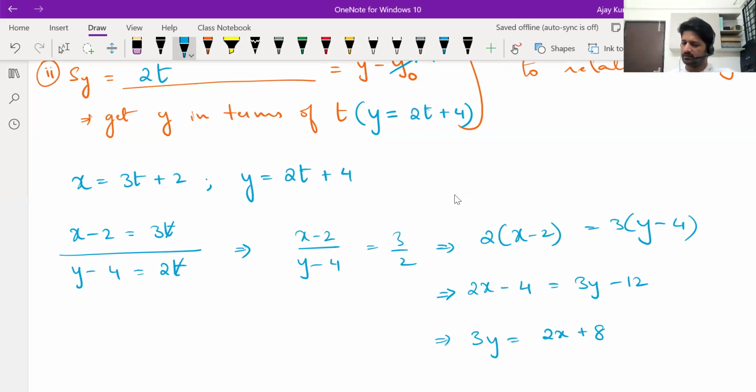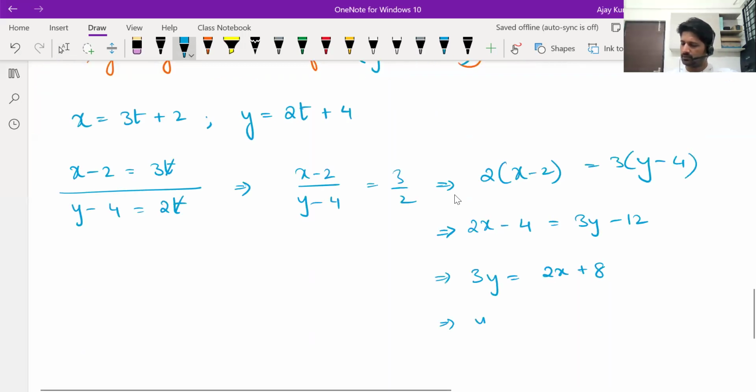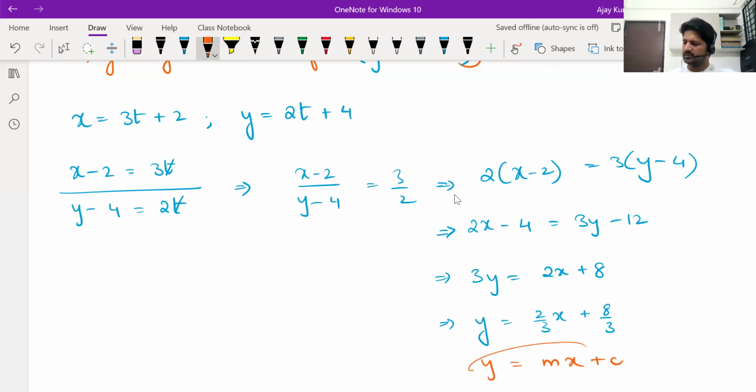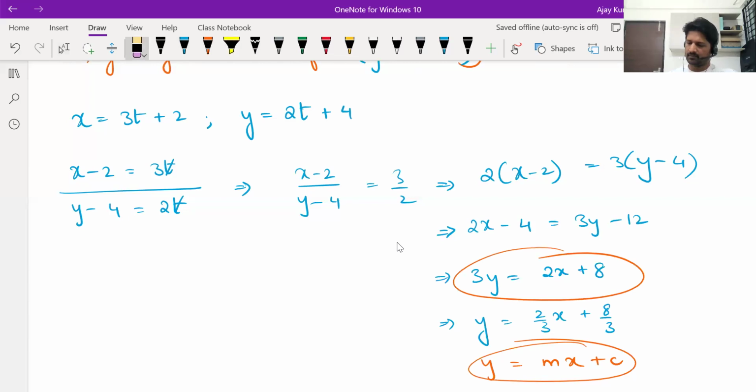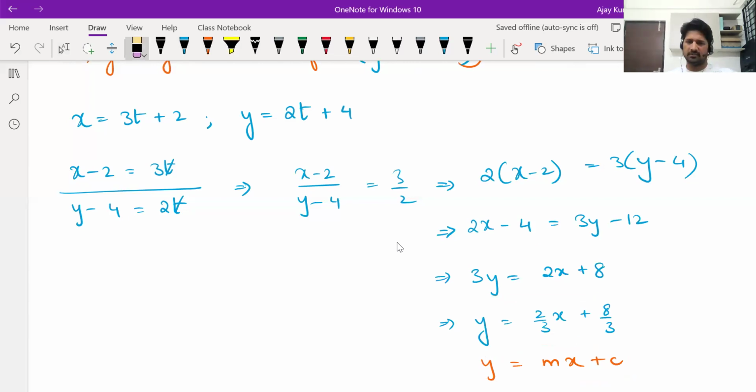Or you can also write y is equal to 2 by 3 x plus 8 by 3. I am writing it like this just to show you that it is in the form y is equal to mx plus c, which is the general equation for a straight line. This is also a general equation only, no problem. It all depends on how they give you the options. How you write the final equation, you have to check from the options and decide.